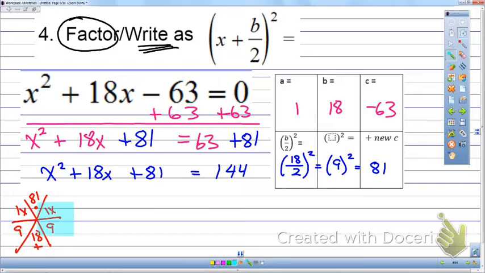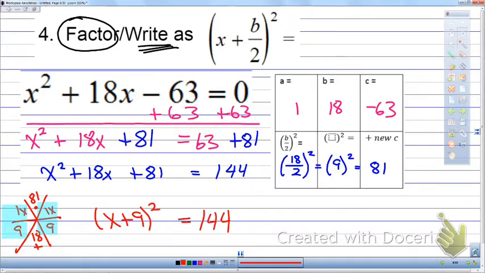Looking at our factors from the super x, we would write this as x plus 9 quantity squared equals 144. Super x is great because we built a perfect square trinomial. We should be just fine.